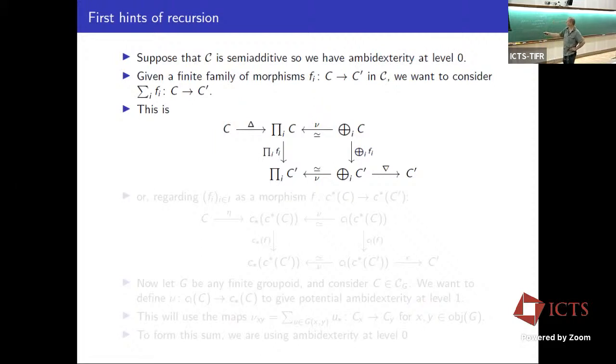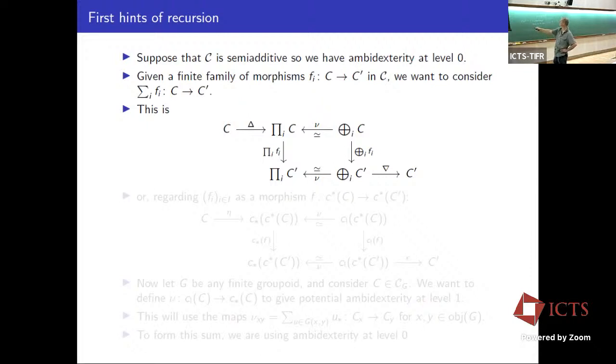And so we've got these maps here and here, and then we've got these maps nu. The existence of nu comes from the fact that the category is pointed, and the fact that nu is an isomorphism here comes from the fact that it's a semi-additive category. Now the sum of the maps is what we get by taking this diagonal, going around this square, using the inverse of nu, and then taking the fold map.